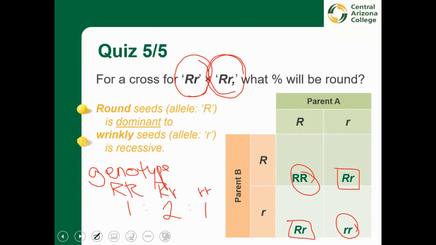So it's going to be a 25% chance of getting this genotype, a 25% chance of getting this genotype, and adding these together, a 50% chance of getting this genotype.